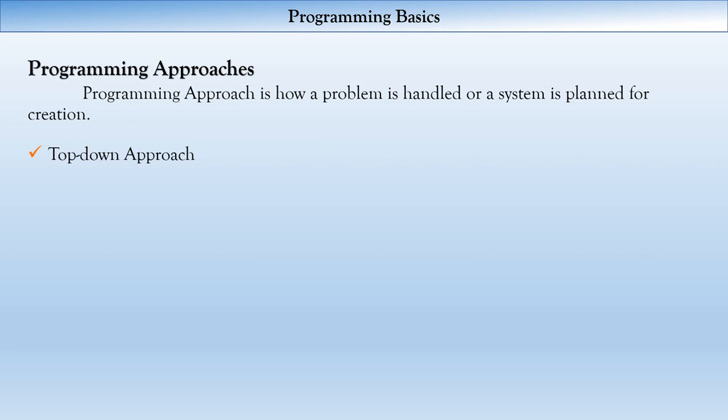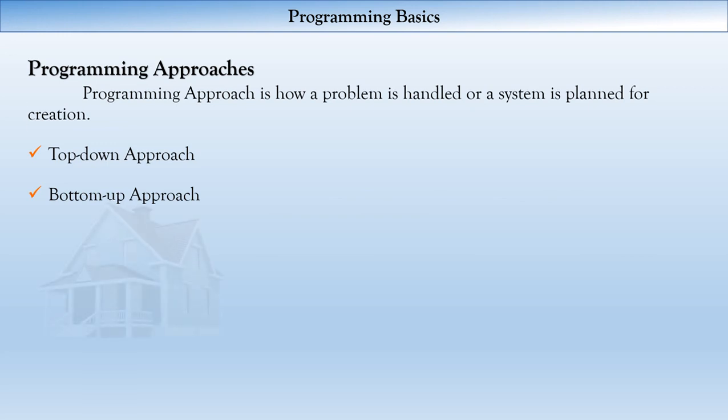Now let's talk about the programming approaches which we discussed in the high-level languages. So programming approach is how a problem is handled or a plan for system creation. So these approaches are basically dealing with the planning of the system.